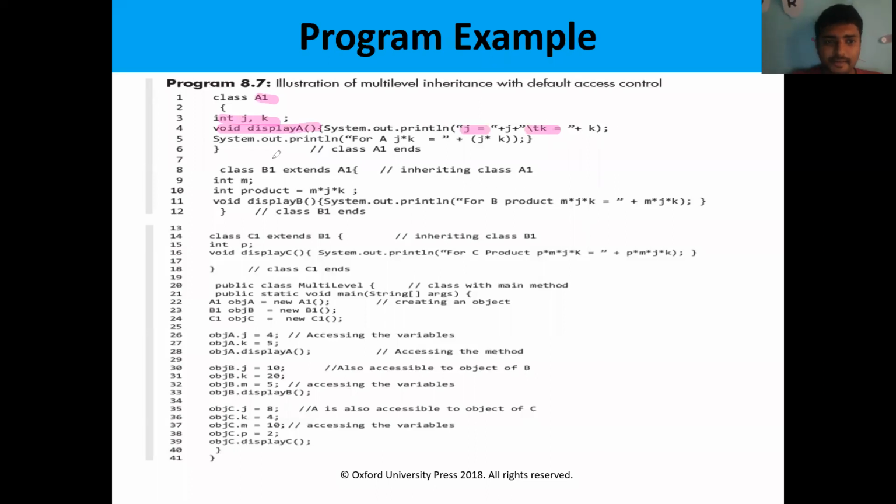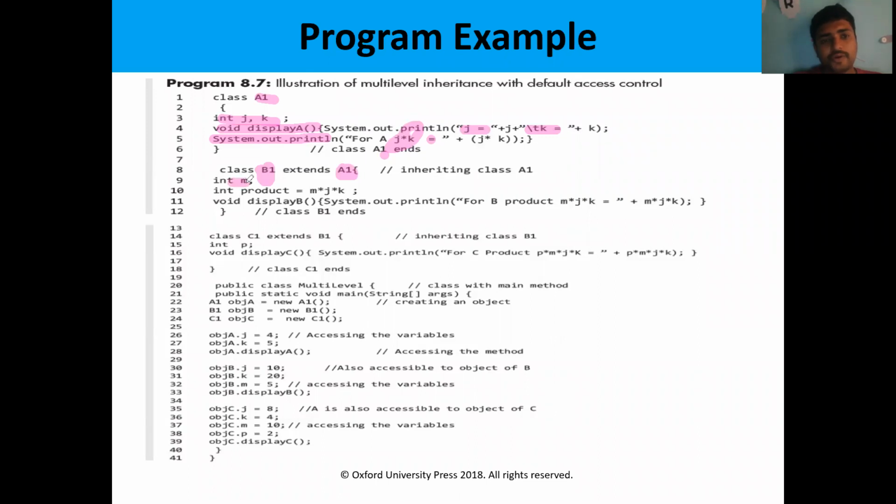Then we are going to print the multiplied value also, J into K. So this is the display method of the class A1. Then we are creating the class B1, which extends the properties from A1. That means B1 is the subclass and A1 is the superclass.